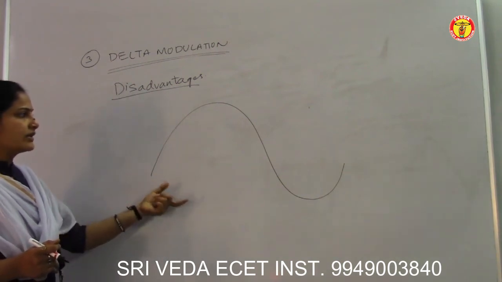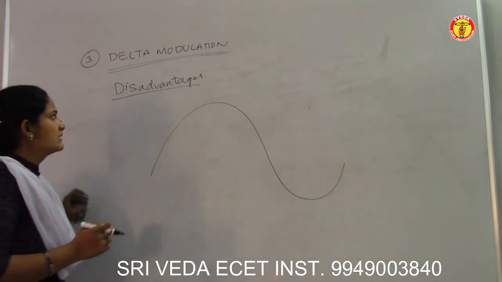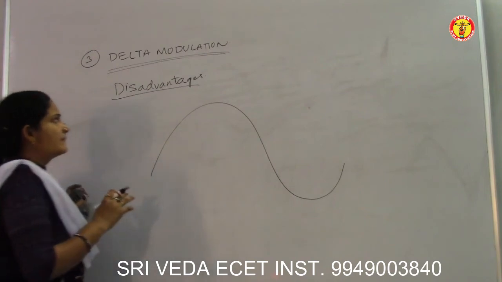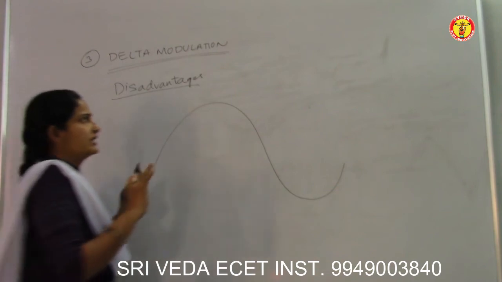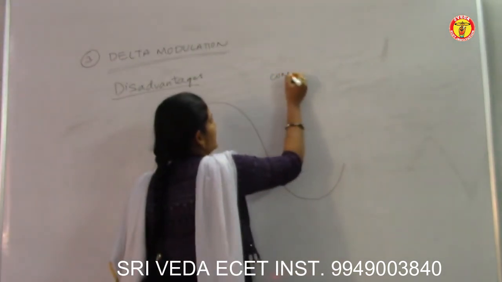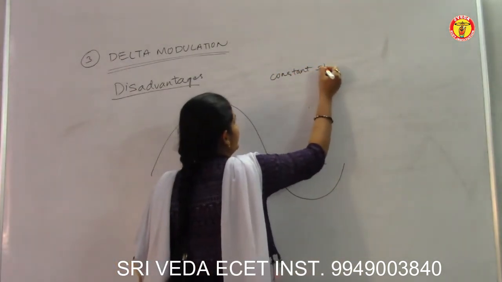Let us assume an analog signal which is continuous in nature. As we have learned, in delta modulation my step size is constant.